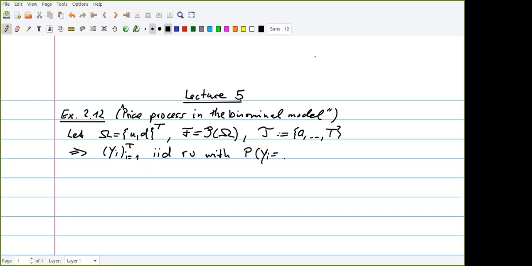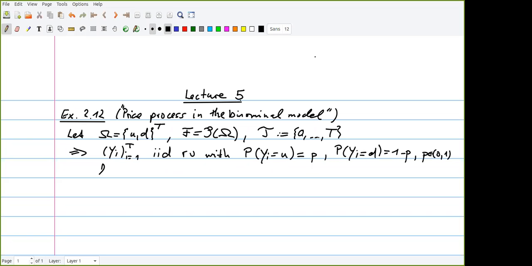Either they go up, and then we assume that ξ_t takes the value U with probability p, or we go down, which means ξ_t takes the value D, and this happens with probability 1 minus p. So p is a probability, and we want both events to be possible, so p is between 0 and 1.